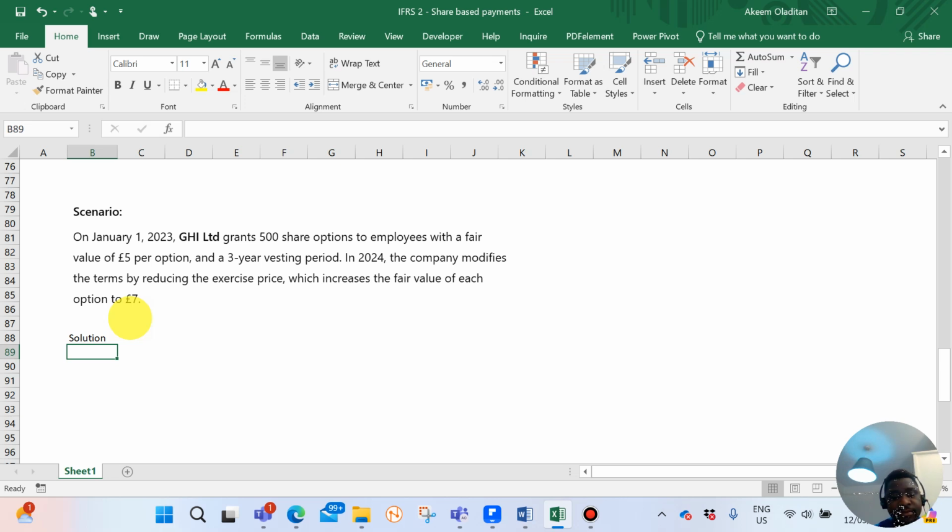we have vesting period. Vesting period is what we need to first of all do. What is our vesting period? It's 3 years, yeah? 3 years.